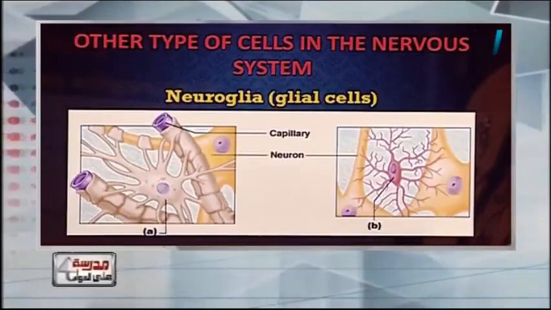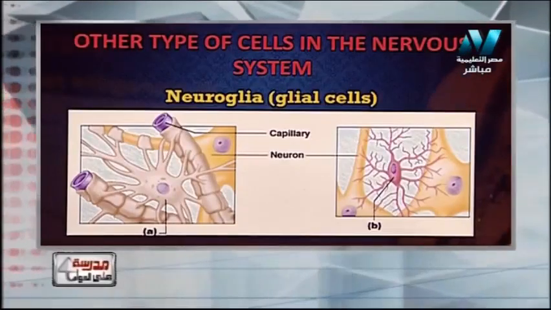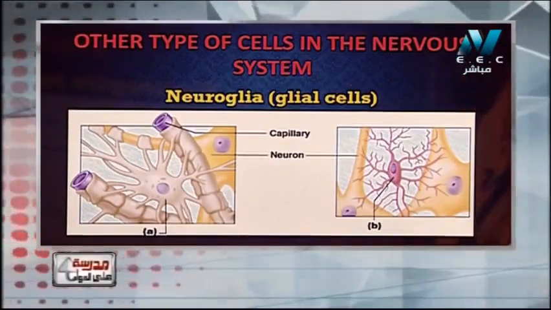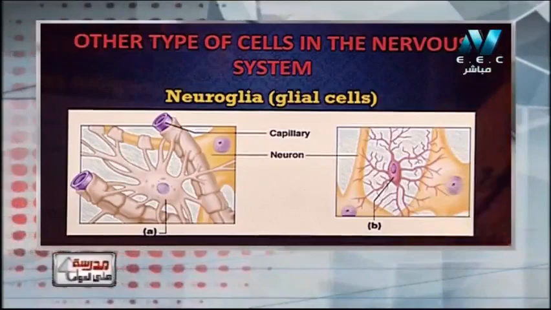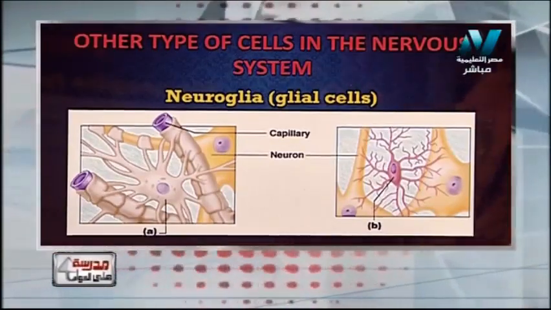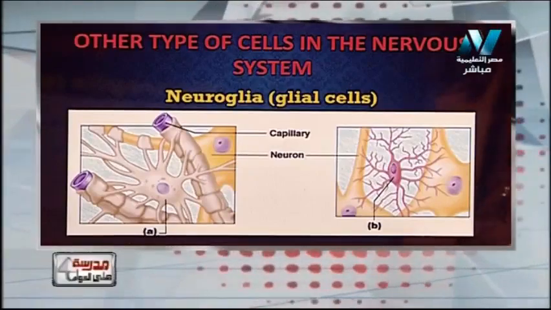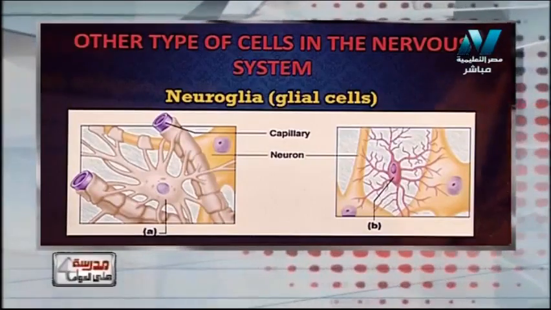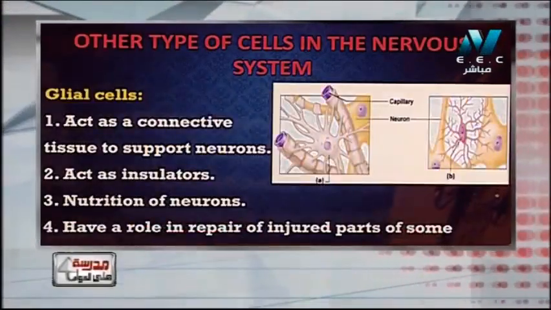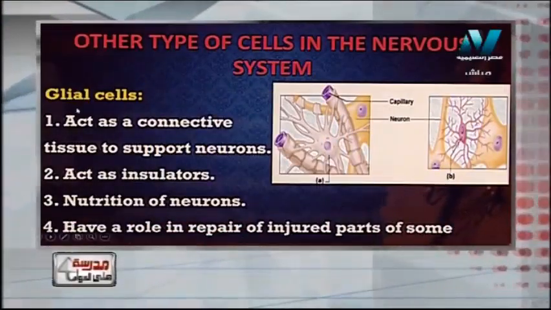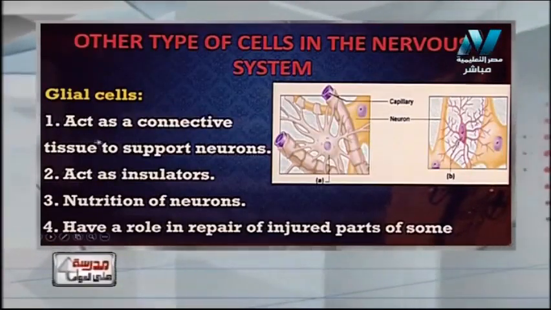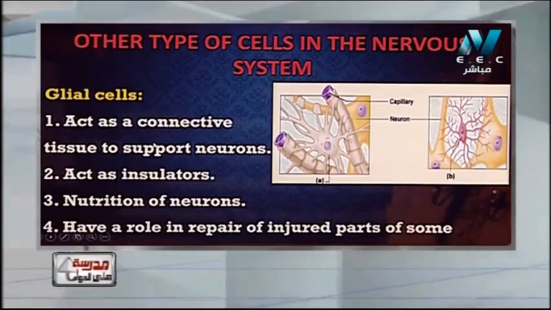And now we have another type of cells that compose the nervous tissue, which is called neuroglia or glial cells. And these glial cells, as you see in this picture, are located between the neurons, and they have different functions. Their function is to act as connective tissue that connects between the neurons and supports them.